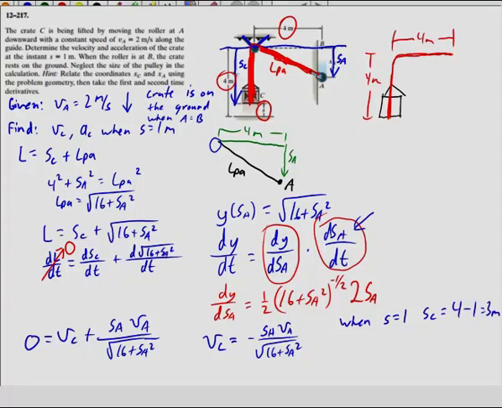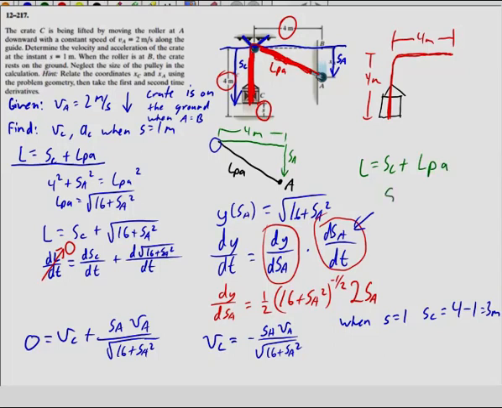So we have SC. Then we have to look at SA. Well, we already have an equation for the length of the rope with respect to SA. We know that the 4 doesn't change, and we know that the length of the rope is 8 meters. So we are using this equation again, the total length of the rope is equal to SC plus LPA.